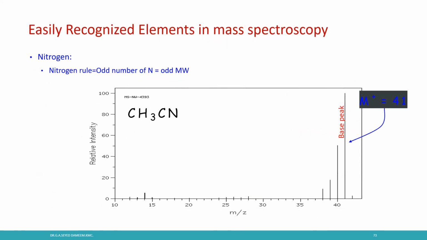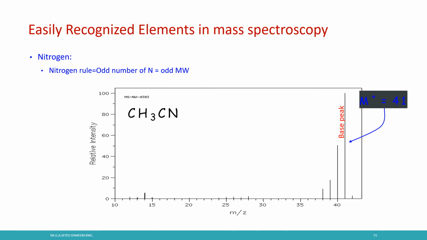This slide shows the mass spectrum of methyl cyanide, which has molecular weight 41. The peak obtained at m/z 41 is the molecular ion peak, and this ion has greater stability. The molecular ion peak itself acts as the base peak, and by the loss of an H dot, it gives another peak at m/z 40.